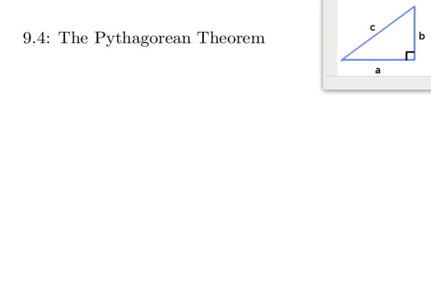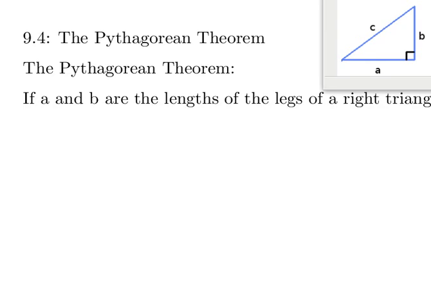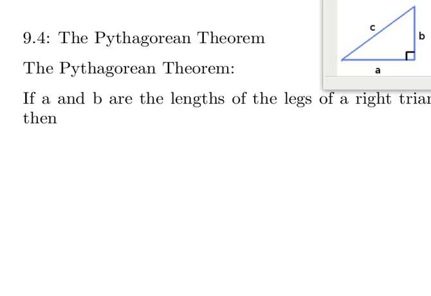Okay, so let's go ahead and go into a statement of the Pythagorean theorem. If A and B are the lengths of the legs of a right triangle, and C is the length of the hypotenuse, then, okay, I'm going to need to get some line breaks in there, obviously.